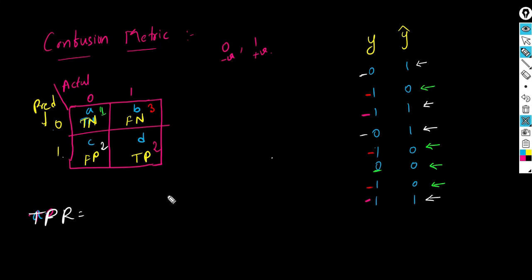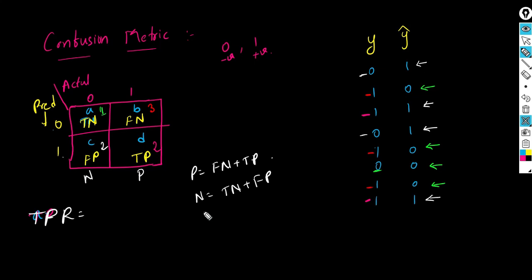Here we can call this positive points, because actually these are the positive points. P is equal to false negative plus true positive. This column we call negative, because actually those are negative. N is equal to true negative plus false positive.